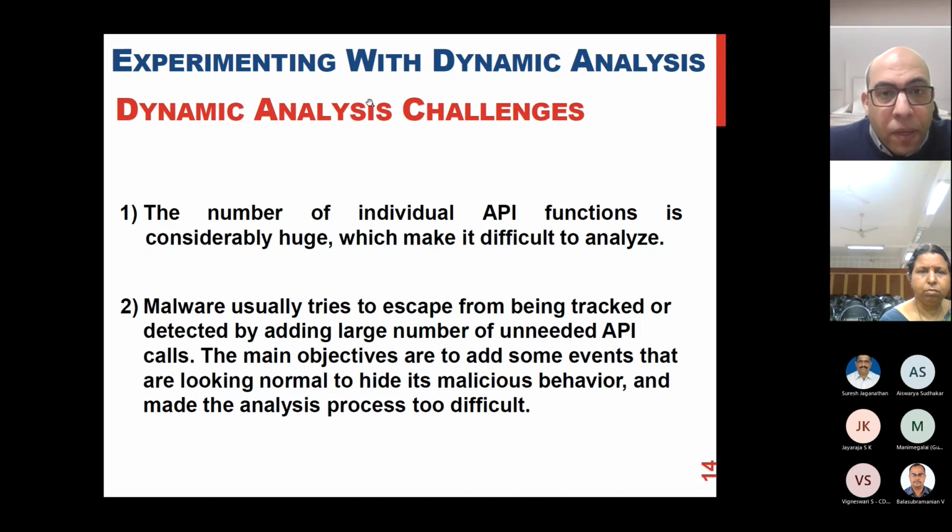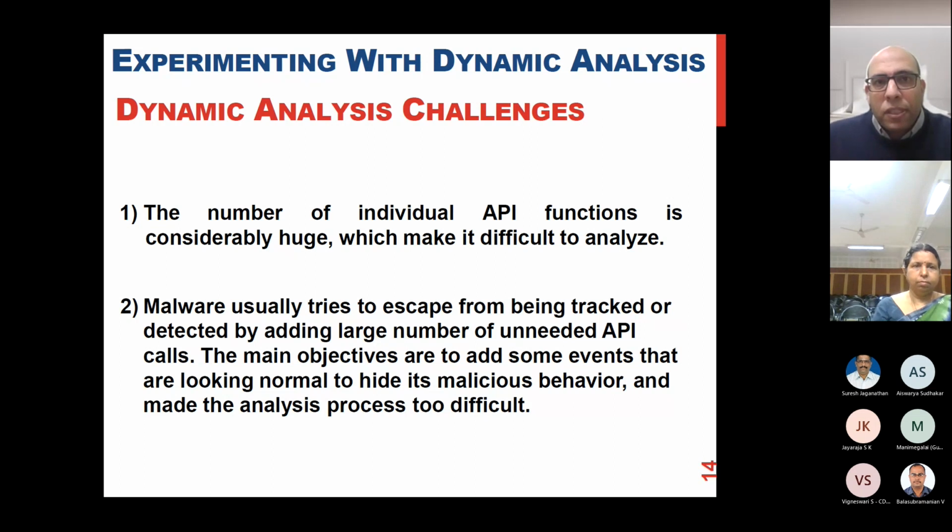dynamic analysis challenge. One of the most important challenges is the number of individual API functions. The API functions we employ are considerably numerous, which makes them difficult to analyze. You know, when you run the malware in a secured environment like a sandbox, we try to extract some behavioral features.